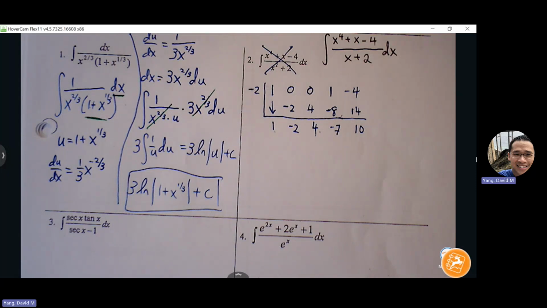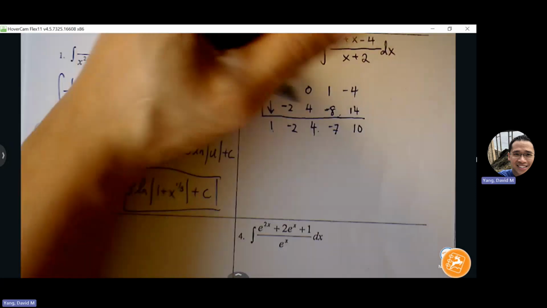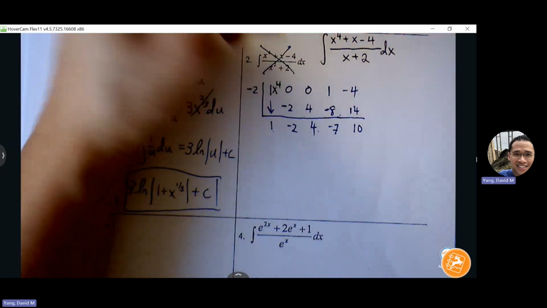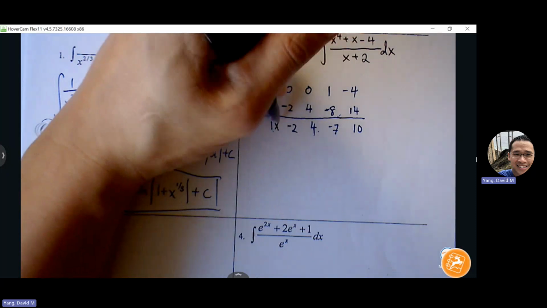And then your first exponent is x to the third. We start off with x to the 4th, but we're dividing by x, so our degree will fall by 1.